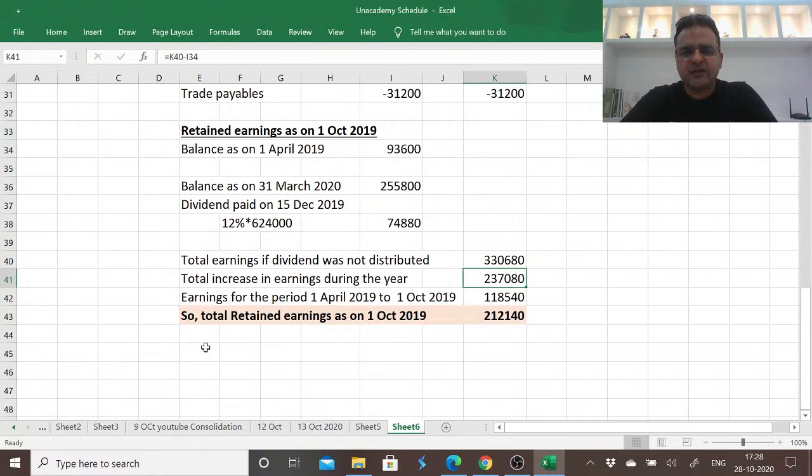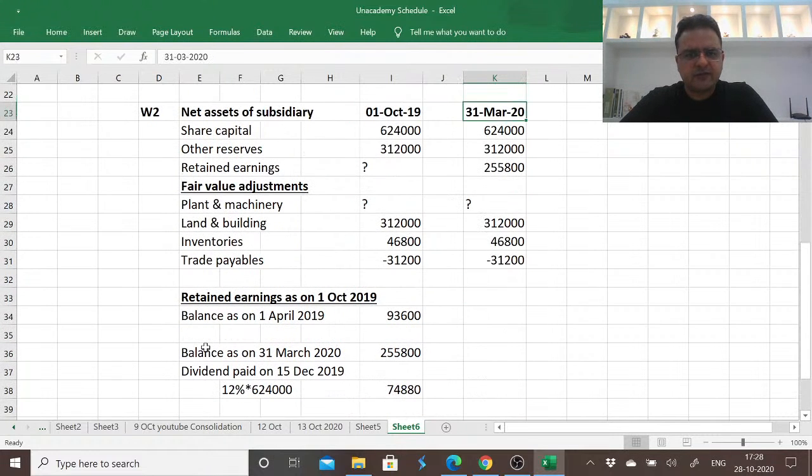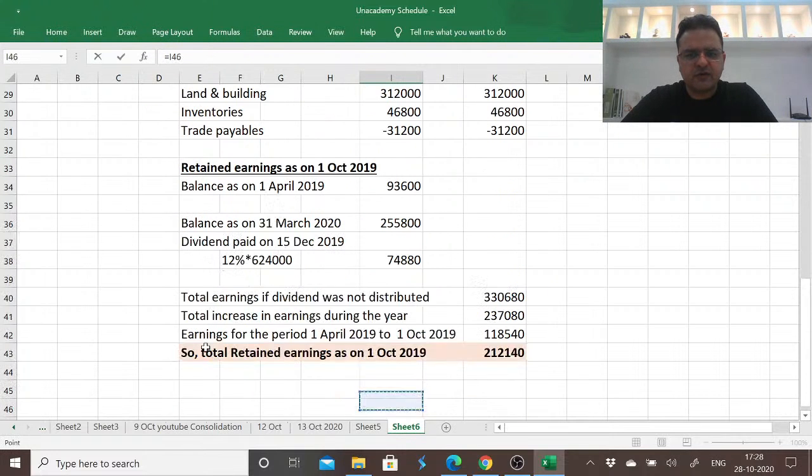If this is increased during the year, 6 months earnings is 118,540. That means total retained earnings position on the date of acquisition, 1st October 2019, is 93,600 plus 118,540, that is 212,140. So one thing sorted: retained earnings position on 1st October 2019 is equal to 212,140.